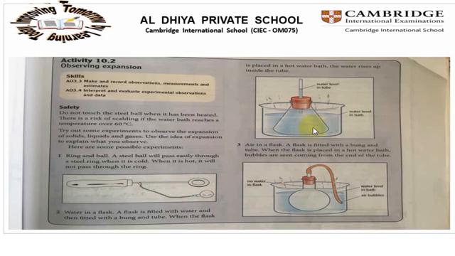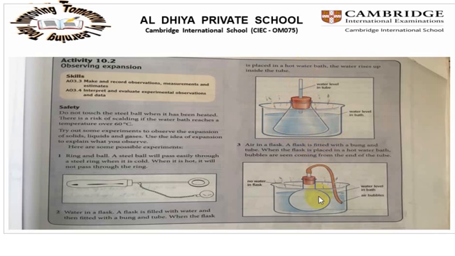What about the expansion in liquids? This is a flask filled with water, and then fitted with a bung and a tube. When this flask is placed in a hot water bath, the water will rise up inside the tube because of the expansion of the liquid.